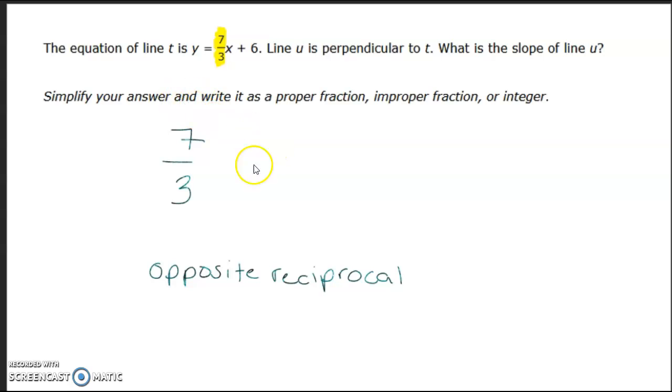Opposite means that I need to change the sign. So my new line, or line U that I'm trying to come up with, is going to be negative because this is currently positive. Reciprocal means that I just flip the fraction. So it's 3 over 7. And it must be both. It must be both opposite and a reciprocal in order to be perpendicular. You can't just do one or the other.